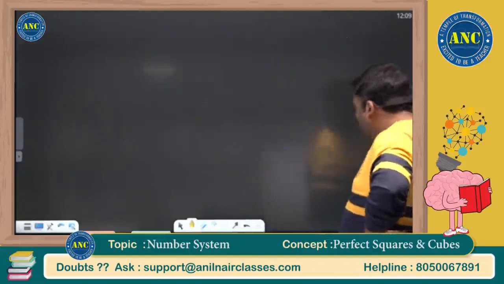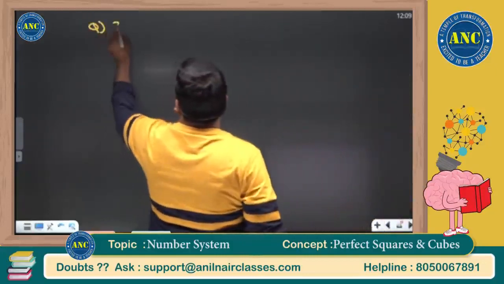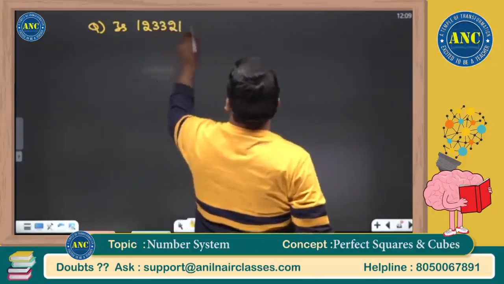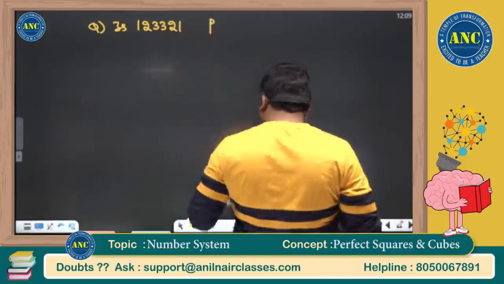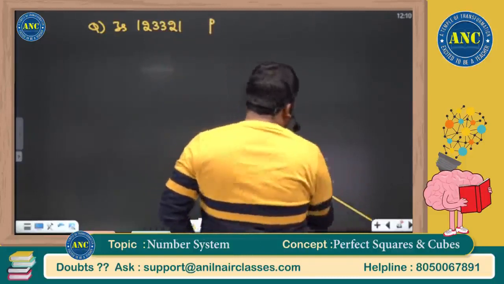Now see here. Question, please write it down: is 123321 a perfect square? Without doing the fundamentals, let us not solve the problems.